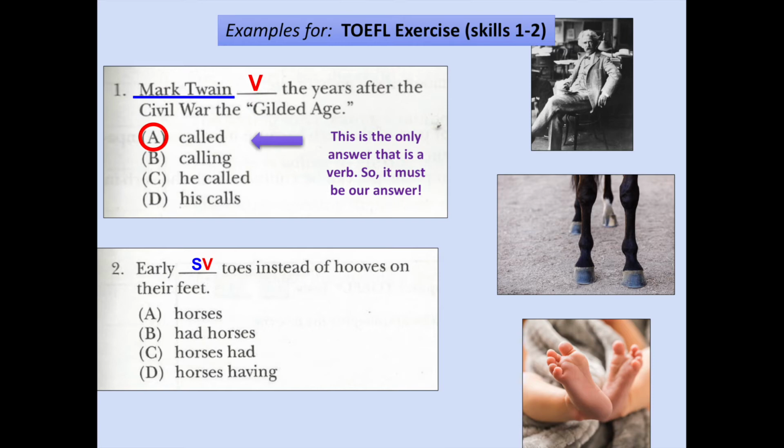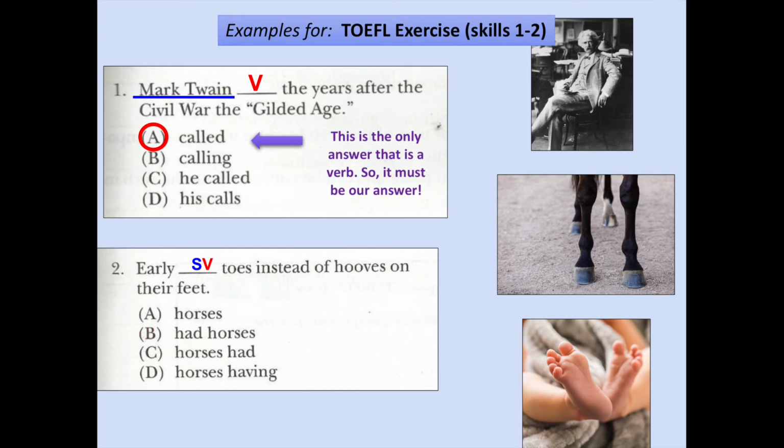A, horses, that only has a subject, not a verb. So that is not the answer. B, had horses. Okay. We see our verb, but that comes first. And in English, we have subject and then the verb. So that is not the answer.